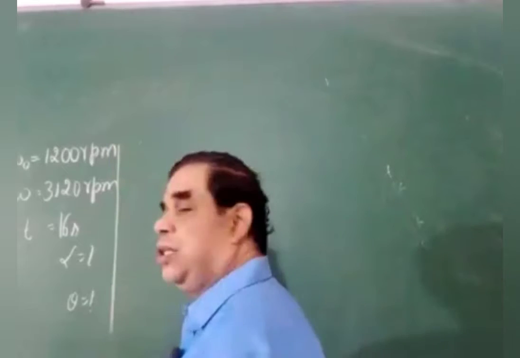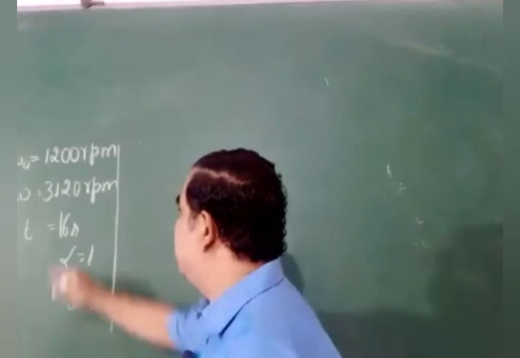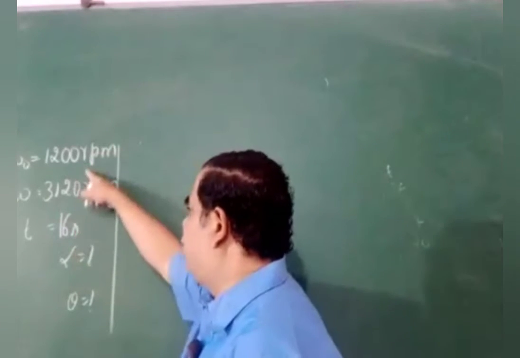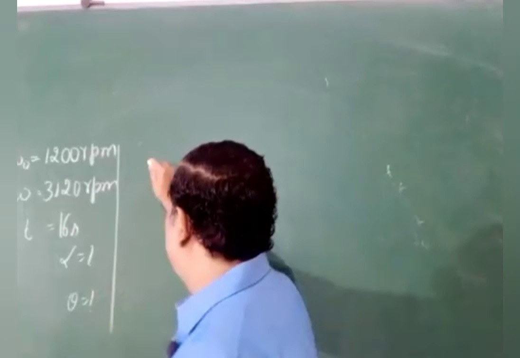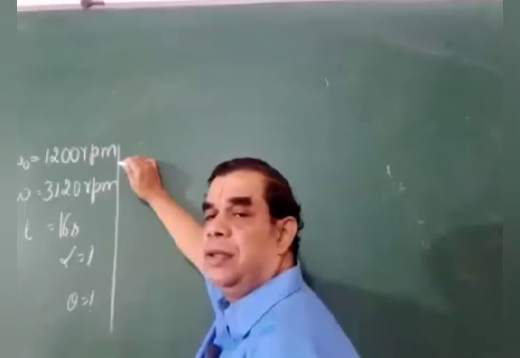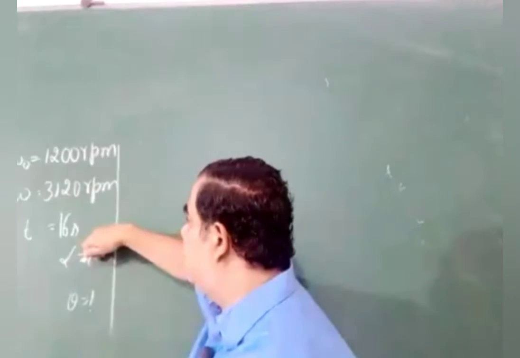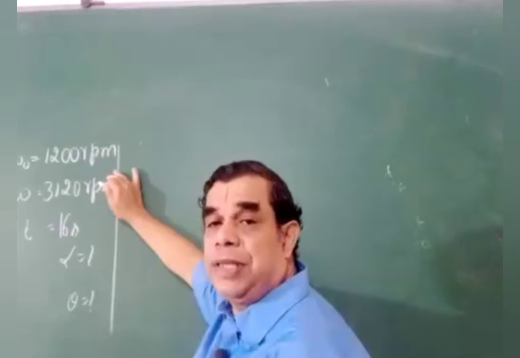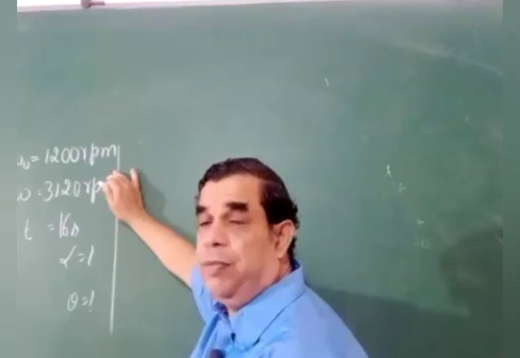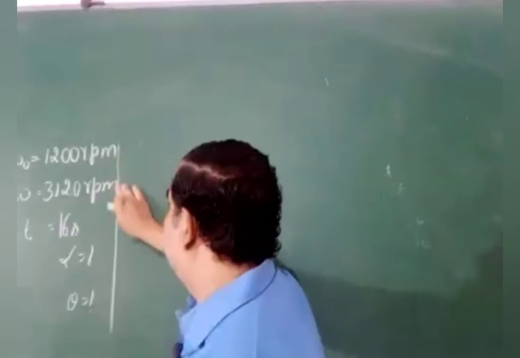So how to solve this problem? We are given everything straightforward: omega naught, omega, alpha to be calculated. But observe, before calculating alpha, we have to convert rotations per minute into radian per second angular speed.